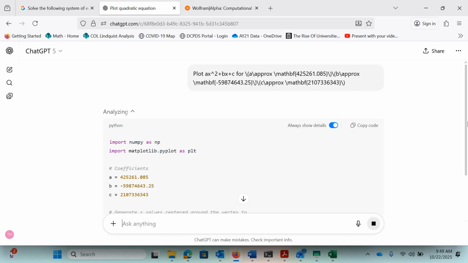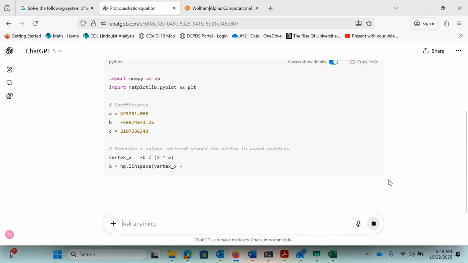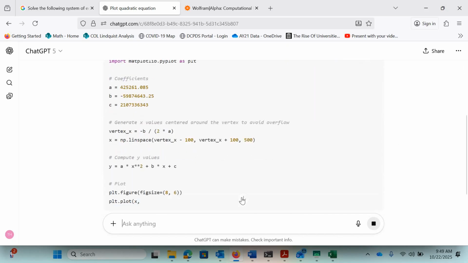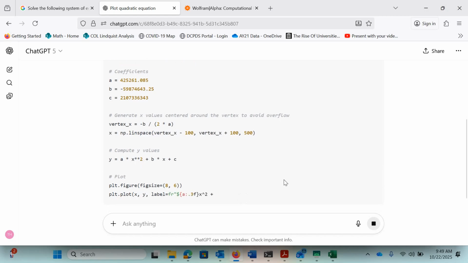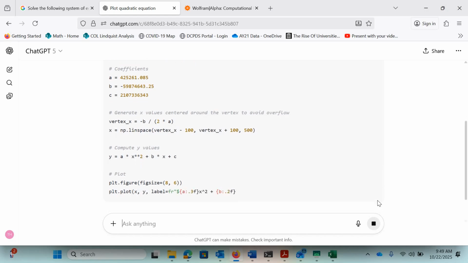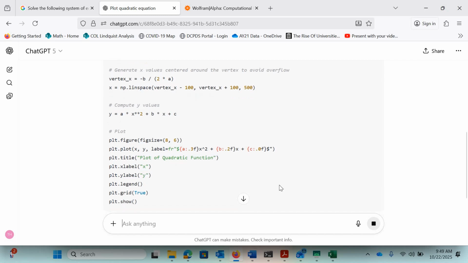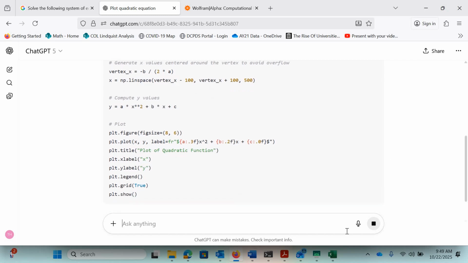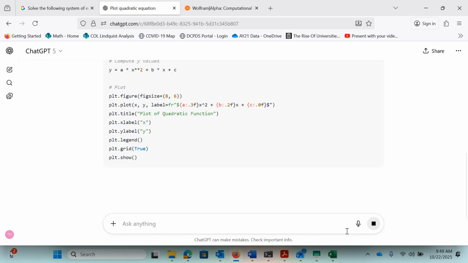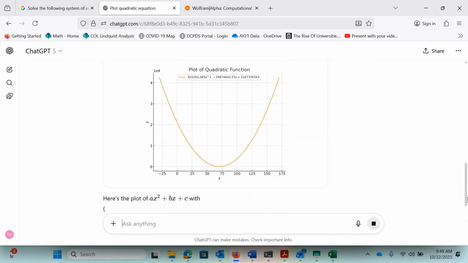There we go. There's a Python code going. There it is. And I would do my best.